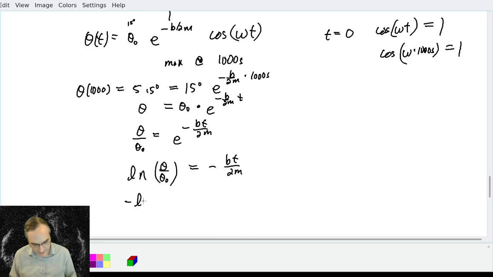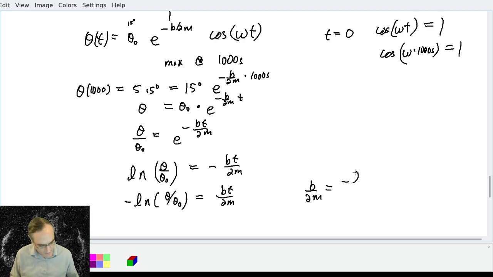So minus the natural log of theta over theta naught is bt over 2m. b over 2m would be minus the natural log theta over theta naught divided by t. Okay, so at this point, negative natural log of 5.5 over 15, all divided by 1,000.